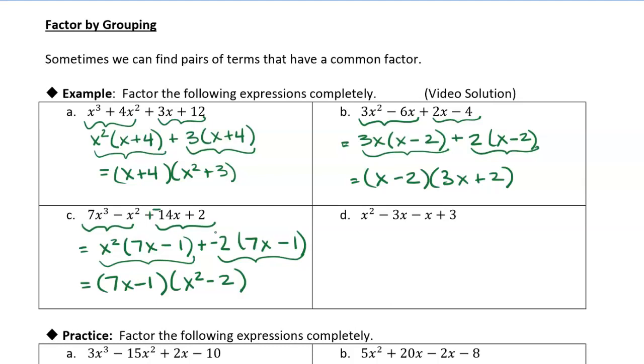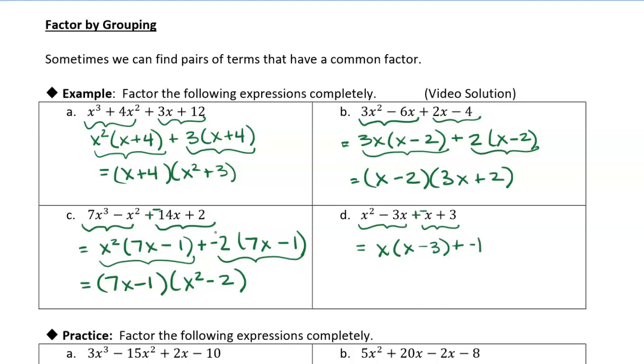All right. So here's another one, another case where we have a negative in the middle. So I am going to change that into plus a negative x, right, in the middle, and then I'm going to pair up these terms, and I can see in the first pair of terms I have a common factor of x, so I'm going to factor that out, and then x minus 3 is left, and then I have a plus in the middle, and I'm going to factor out a -1.